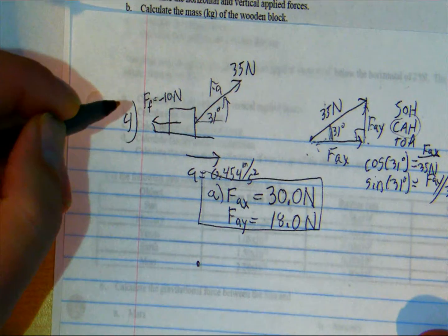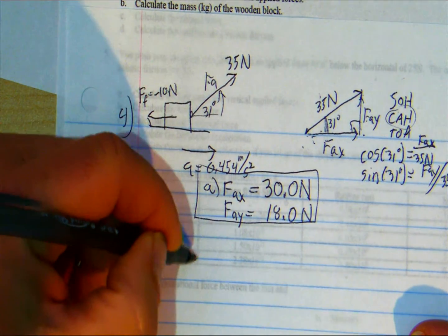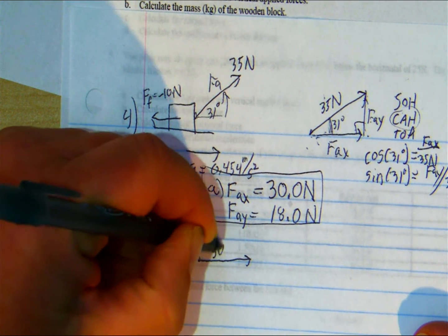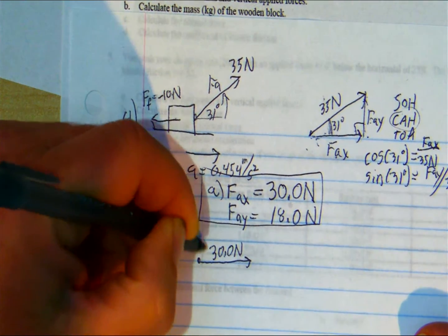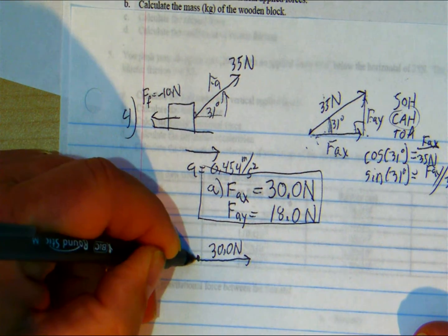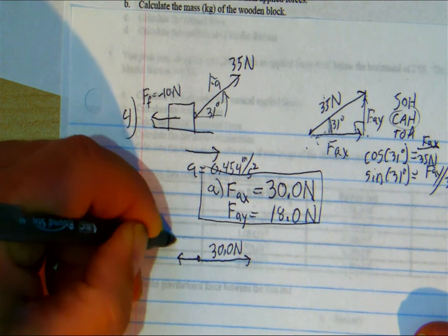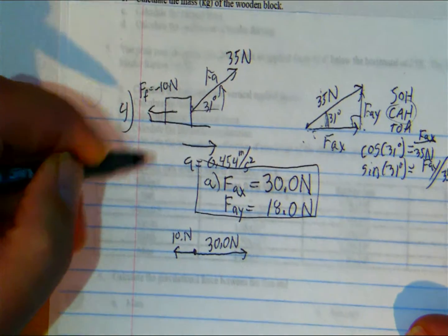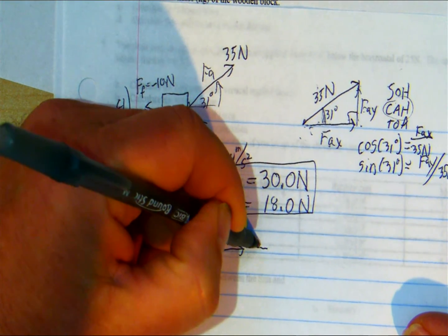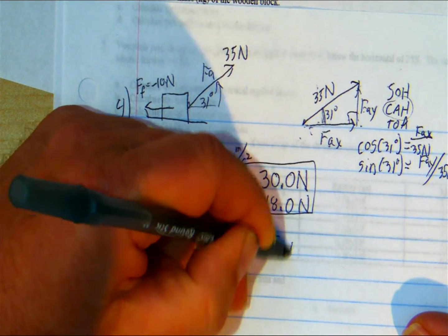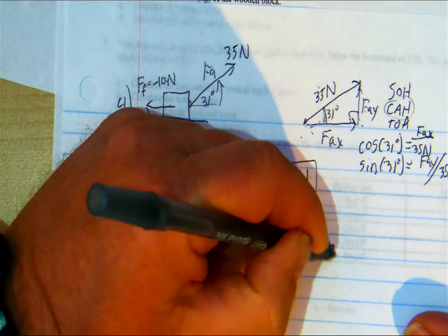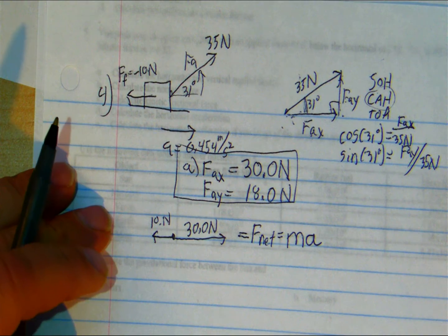If I draw the horizontal force, I see I have an applied force horizontally of 30 newtons. That's the Fax. I have a frictional force of 10 newtons. That's given. When I combine these two forces, I have a net force, which is equal to the unknown mass of this block times its acceleration.